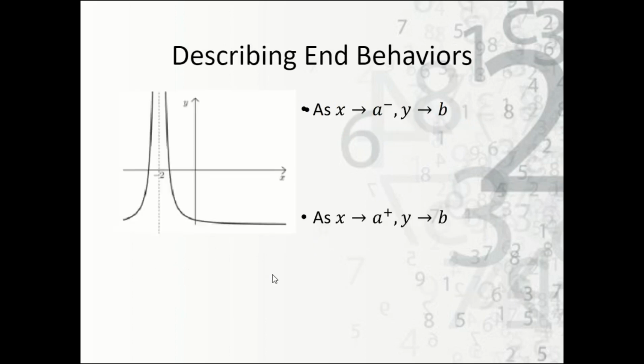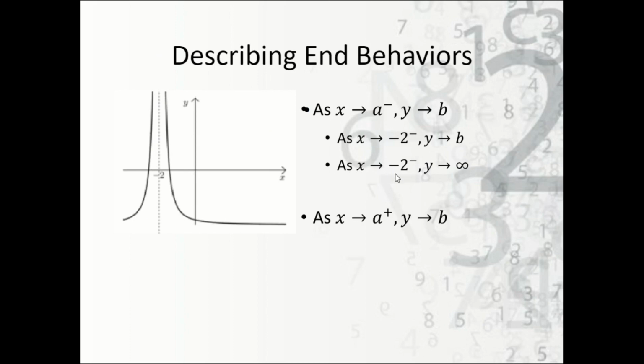So an example of this would be here. We have our function here, and we have a vertical asymptote here at -2. So we're going to say then, as x approaches -2 from the left side, what is y doing? Well, as we get closer to -2 from the left side, we can see that y is increasing exponentially. So y is approaching infinity.